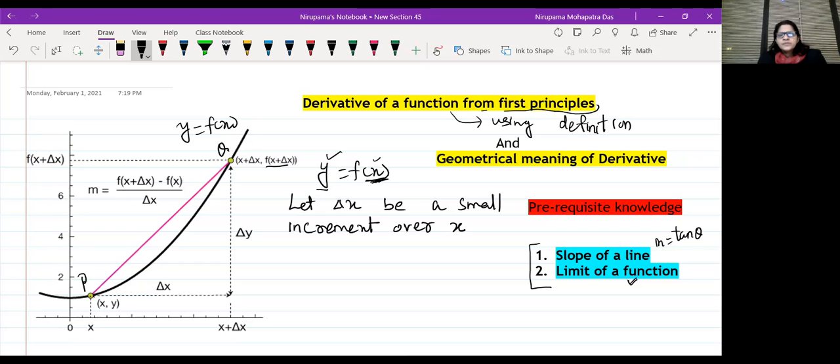That means any change in x implies change in y, because y depends upon x. So whenever any change happens to x, automatically a change will happen in y also. So delta x be the small increment, a small change over x, and delta y be the corresponding increment over y.